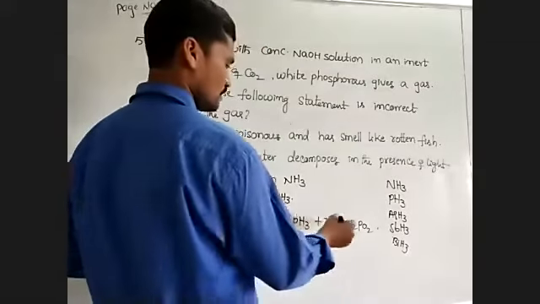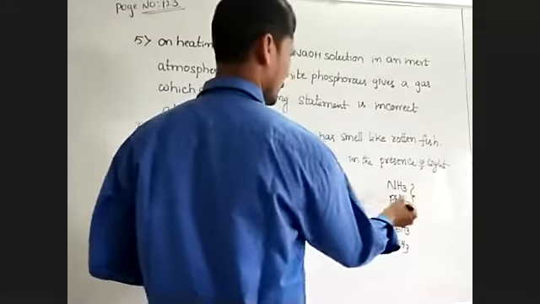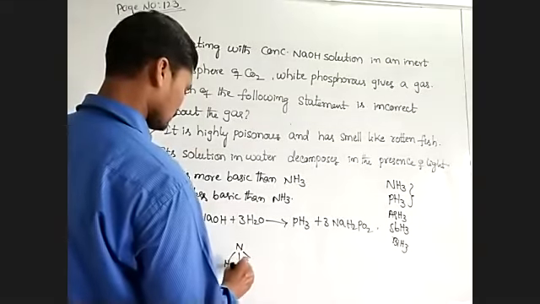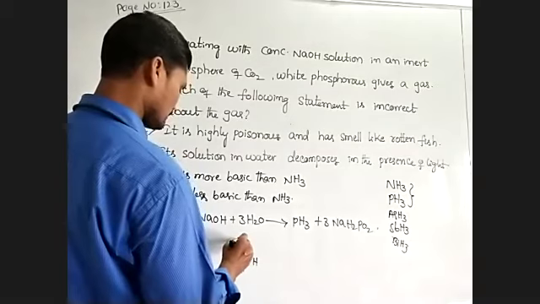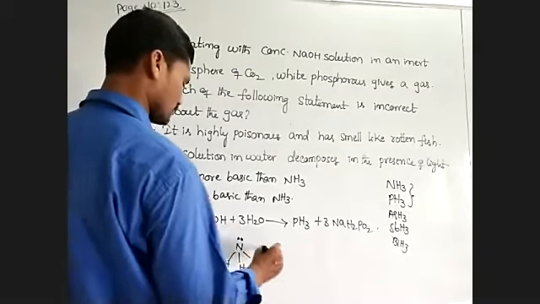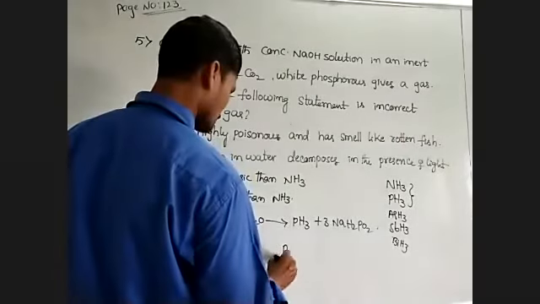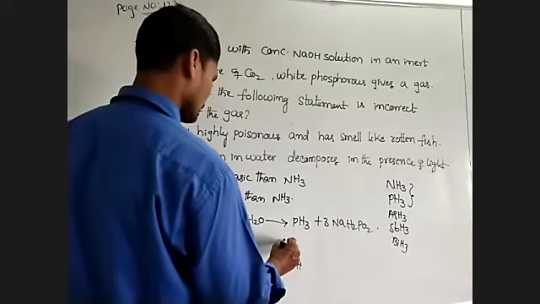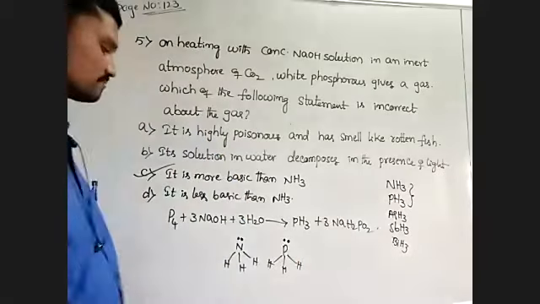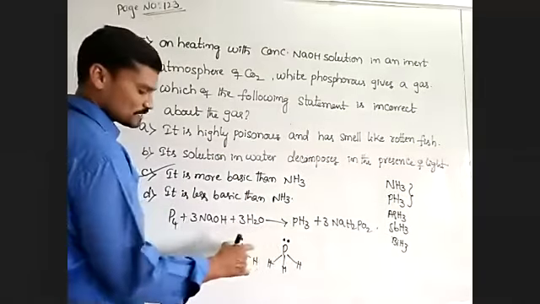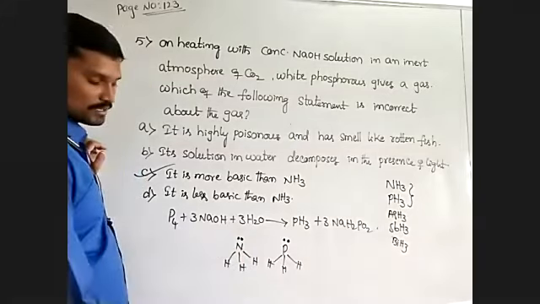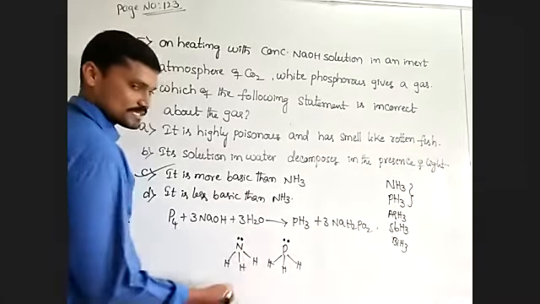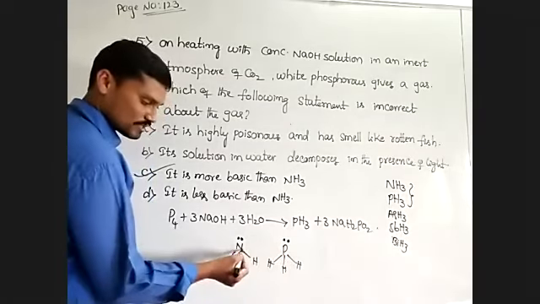When comparing ammonia and phosphine: this is ammonia, which has a lone pair of electrons on nitrogen, and this is phosphine. Both have a pyramidal shape, with a lone pair of electrons on the phosphorus. So both nitrogen and phosphorus have lone pairs, but nitrogen has a small size compared to phosphorus.